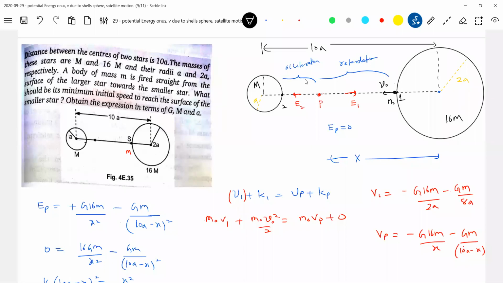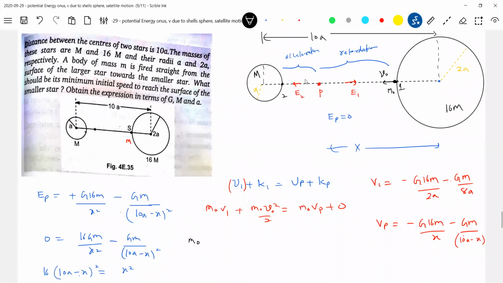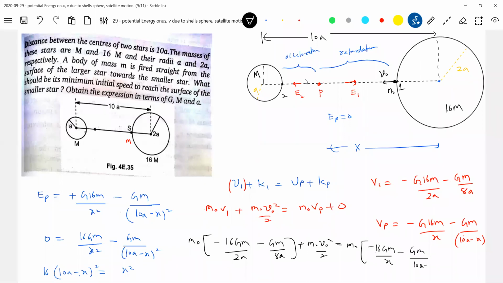This value we are going to substitute here. Solving for V naught will get the required speed.